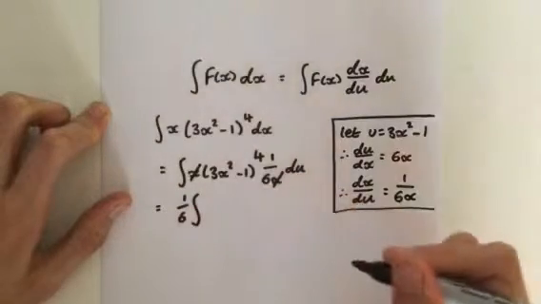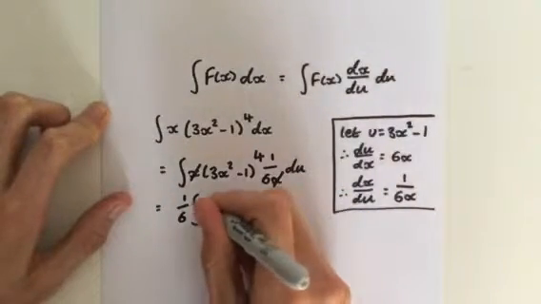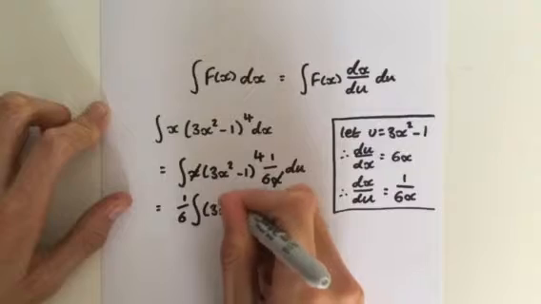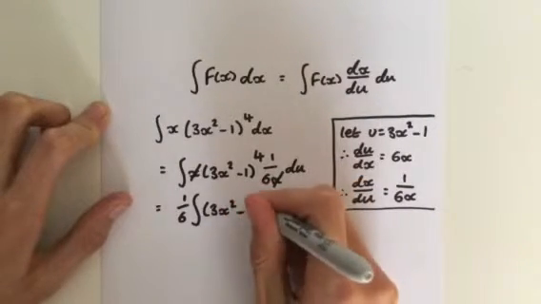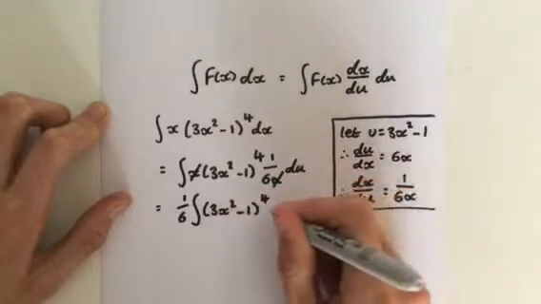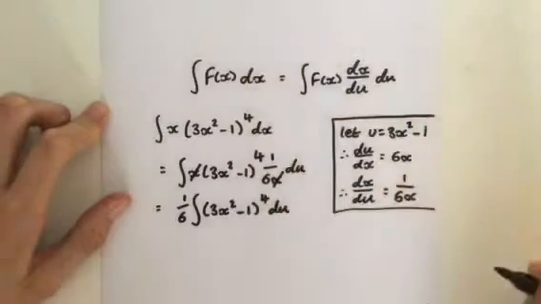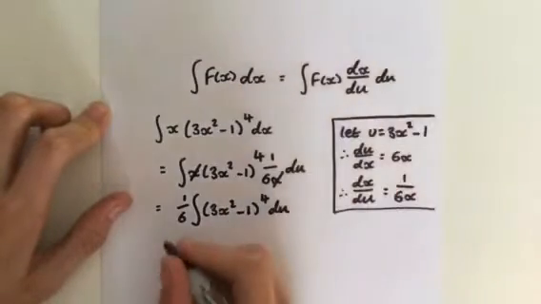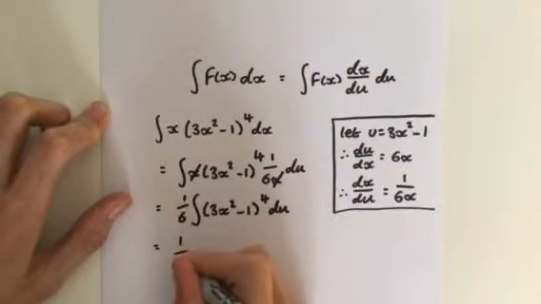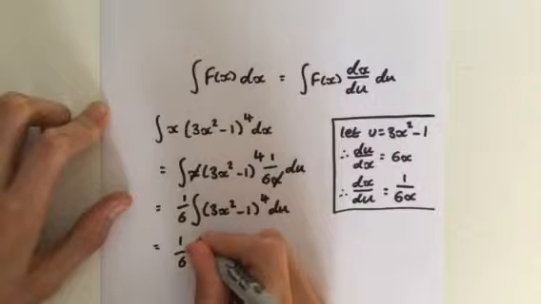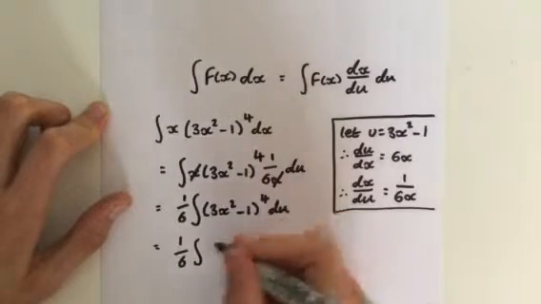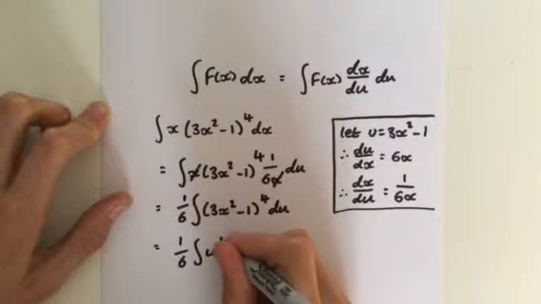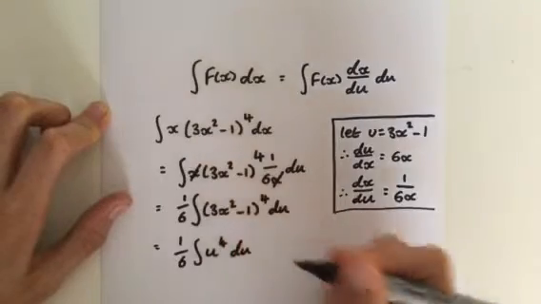So we get 1/6 multiplied by the integral of (3x squared minus 1) to the power 4 du. Alright? But 3x squared minus 1 is u. So this is the same as saying 1/6 multiplied by the integral of u to the 4 du.